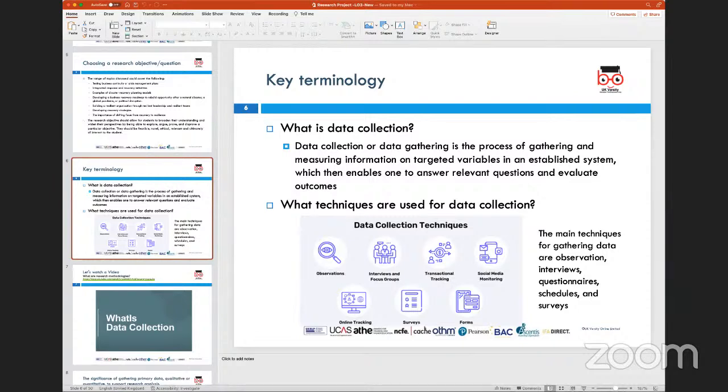Secondary techniques tend to be through published reports, published research, government websites, reports published on organizational data websites, and in some cases, third-party websites which have published this research report, making the data freely available across the general population.